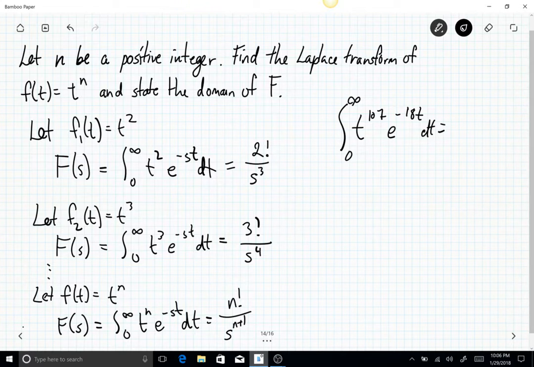So that's going to be 107 factorial over our s value, which is now 18, so we get 18 to the 108th power. Done. No work, and actually making that calculation is going to be a pain in the butt, right? But it took us a matter of seconds to solve that. So that's the beauty of a lot of these Laplace transforms, what they can do.